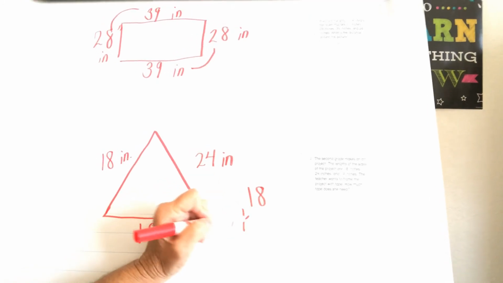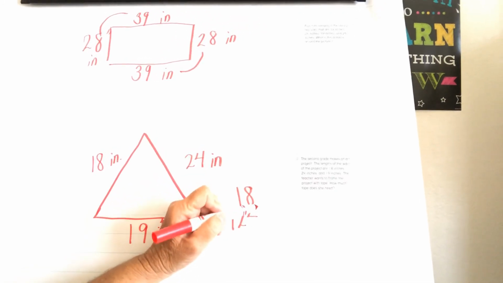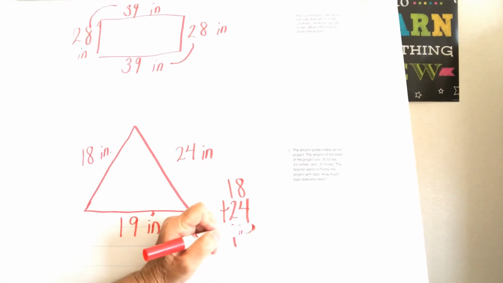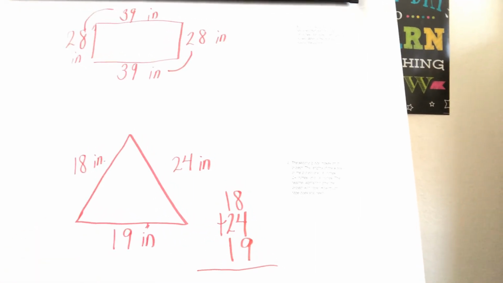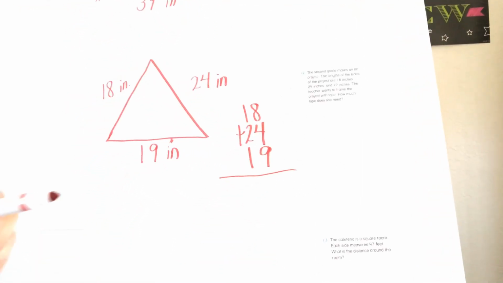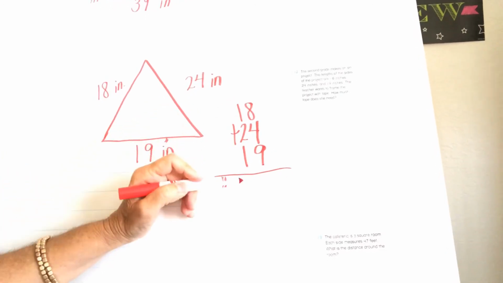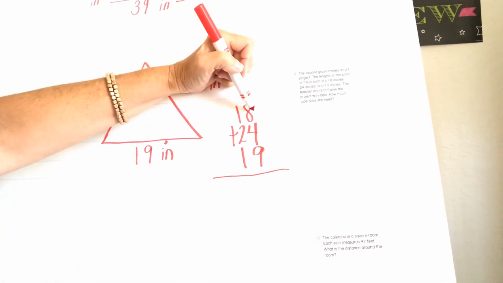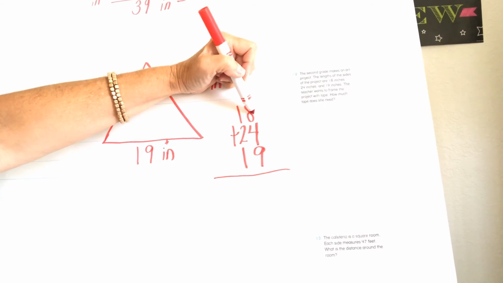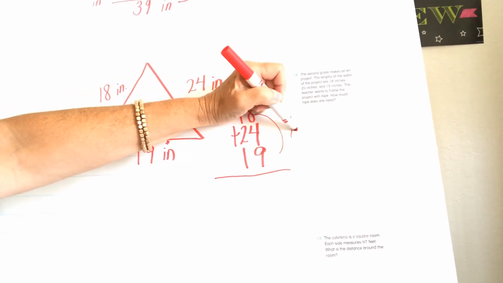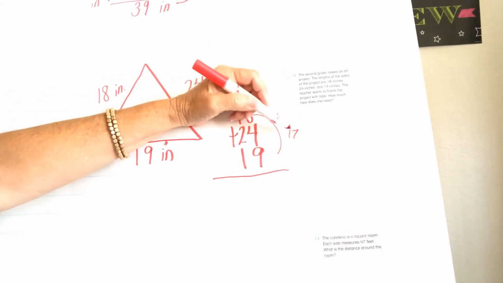So I'm going to go ahead and add those numbers. 18 plus 24. You know what? I'm going to go ahead and add them all together and see what I come up with. 18 plus 24 plus 19. Okay, I know that 8 and 9 equals 17. 17 plus 4 is 21.